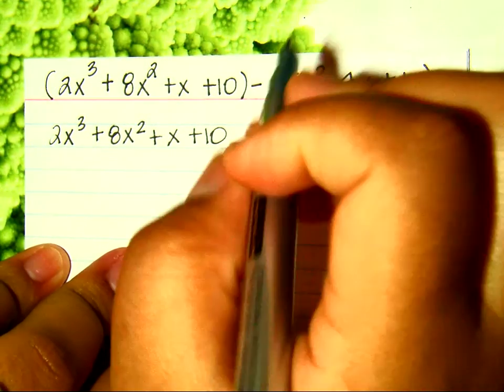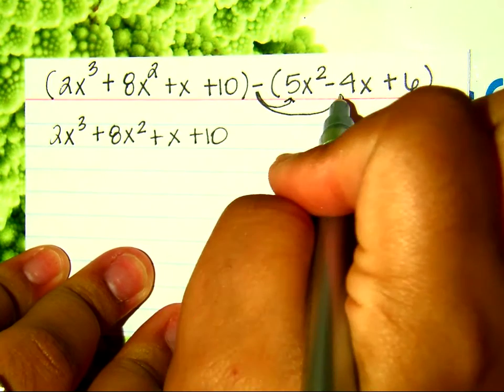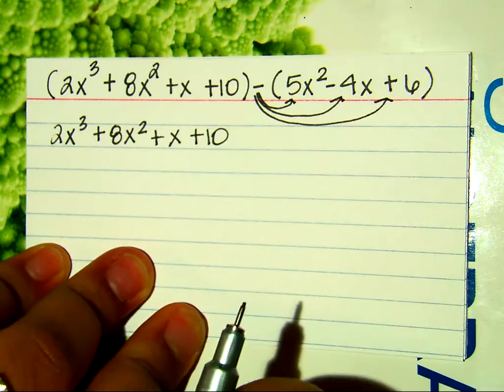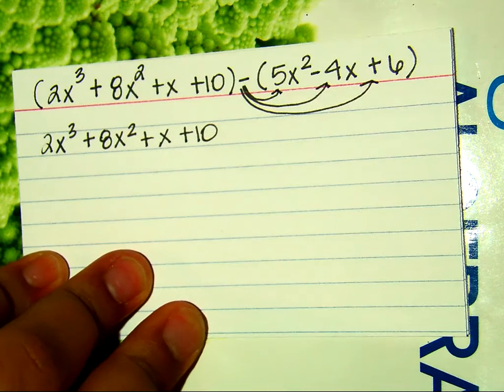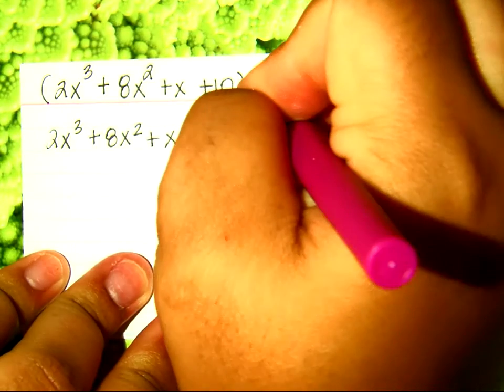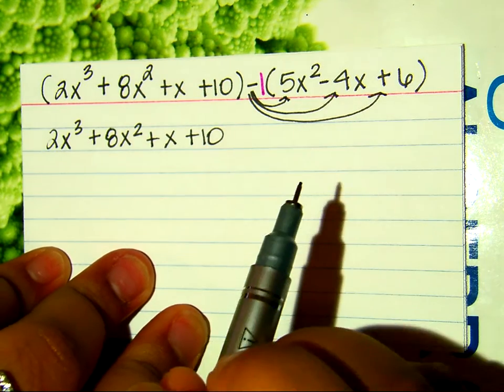We have to distribute this minus sign to every term inside of the parentheses. In front of the parentheses, although you can't see it, it is like having an invisible 1. Remember, 1 does not change the numeric value.